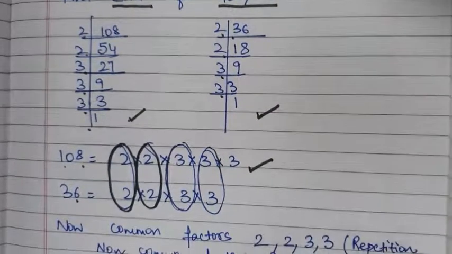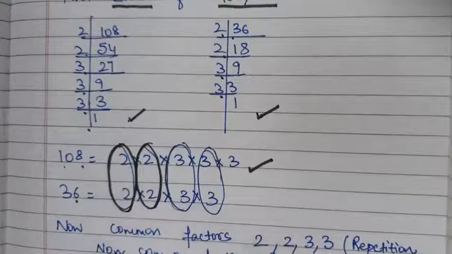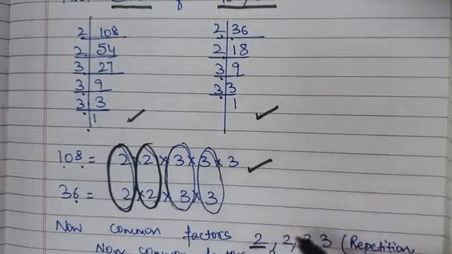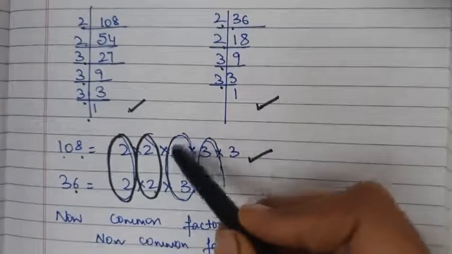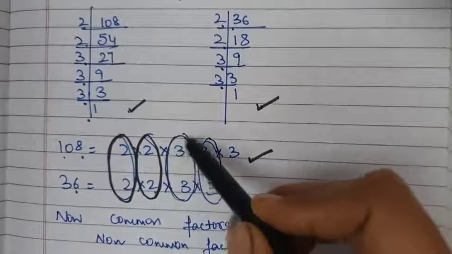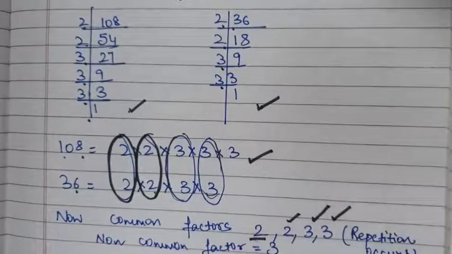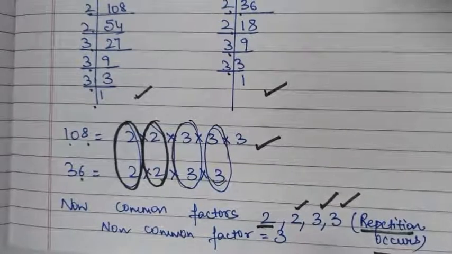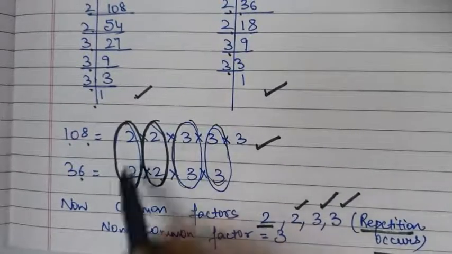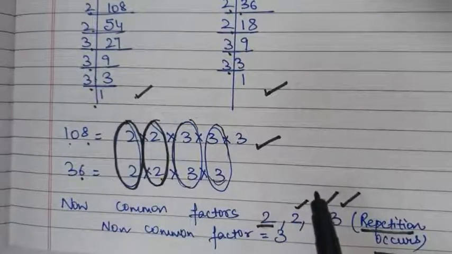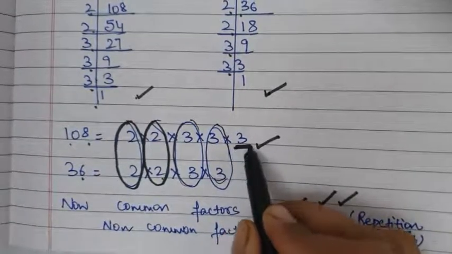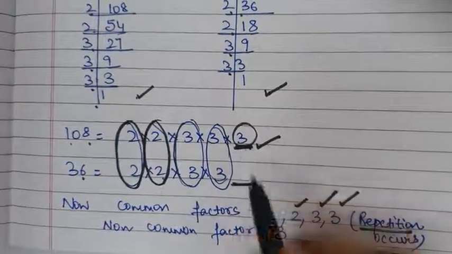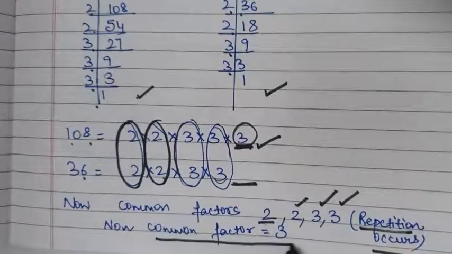Now the common factors are 2, this 2 I am writing, then this 2, then this 3, then this 3. Repetition occurs. Now you have to see also, is there any factor which is not common? Yes, this 3 is here, but there is no other 3. So this will be your non-common factor.